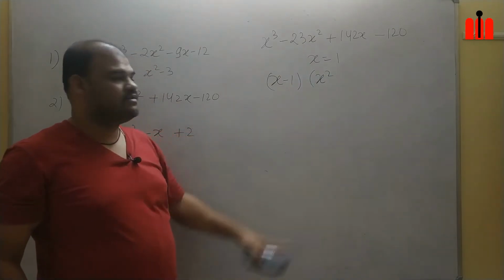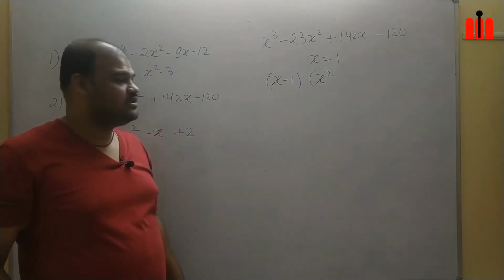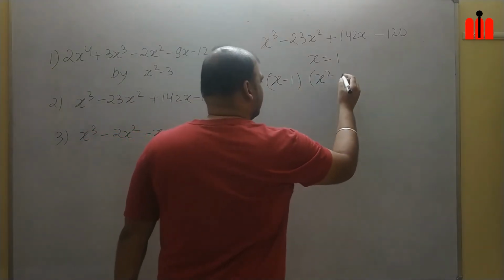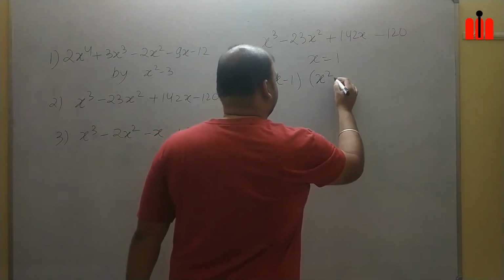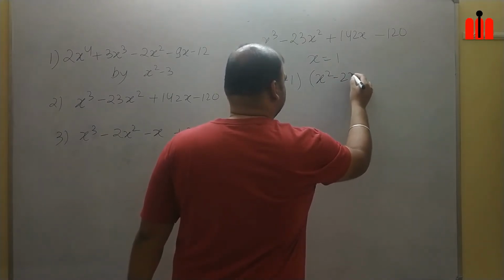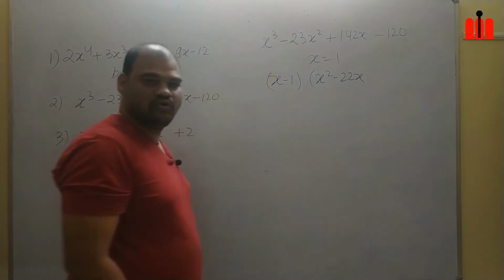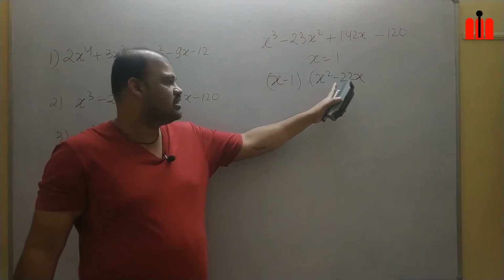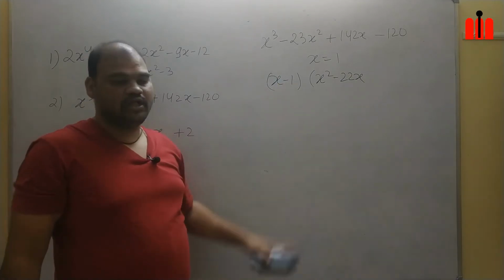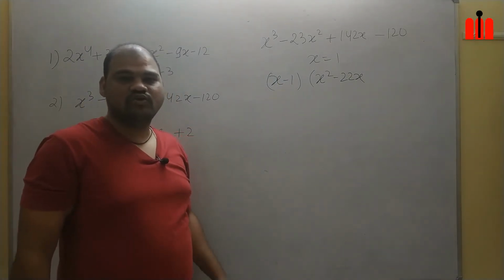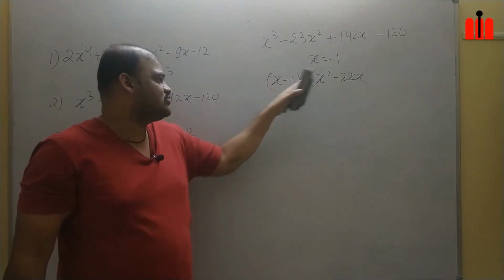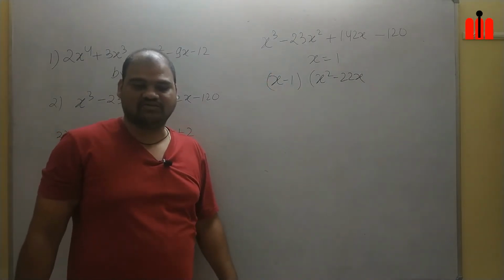After that here it is minus x square, right? Now, for minus x square, you have to put here minus 22x. Okay, why minus 22x? You are getting minus x square from here, and again minus 22, if you multiply with x, you get minus 22x square, and minus x square minus 22x square will be minus 23x square.